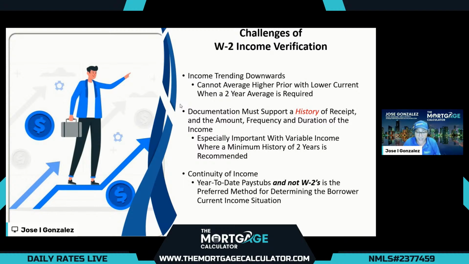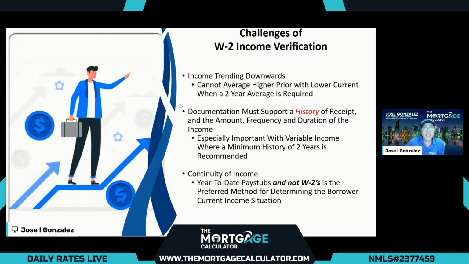And if you have a year to date 2024 that's substantially higher than 2023, then you may be able to document and throw the monthly average, like a weighted average of the year to date, into the mix to help your overtime. But the gist here is that you cannot average the higher prior with the lower current. In other words, 125,000 divided by 2 is 62,500. That's much higher than 25,000, which is what it would be, looking at the scenario I just pointed out.